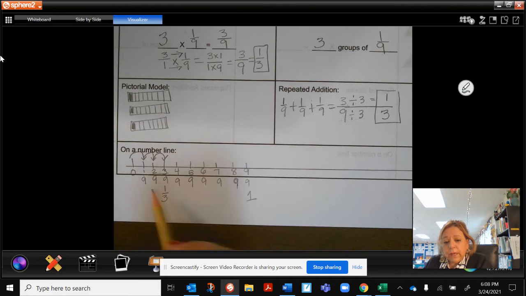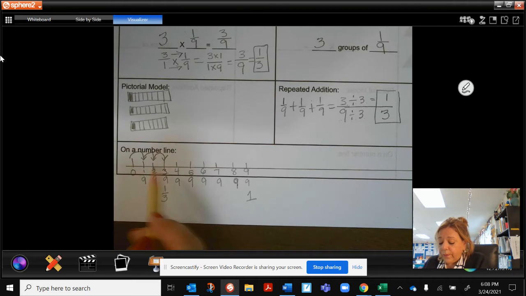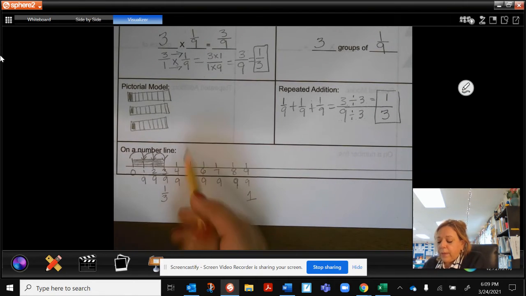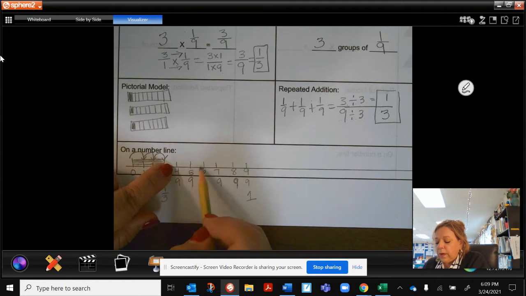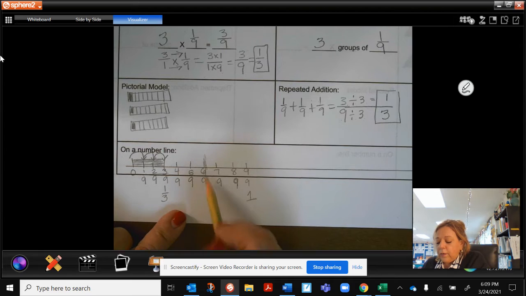Now I want you to notice something. Can we break these 9ths up into thirds? Absolutely. So here, this is 1/3. So is 3/9 equal to 1/3? Yes, and we can prove that on my number line. If I go to my next 3, that's another third, and that would be 2/3.